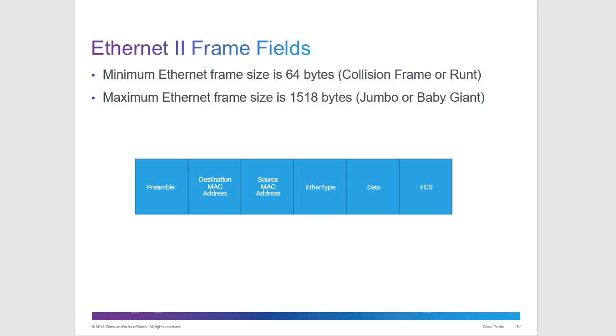Same thing with a jumbo frame or a baby giant. It's too big, your node knows it's too big, so it's going to discard that frame, figuring that something has happened to it along the way from the source to the destination. So know those terms, runt, baby giant, jumbo, and know that if it is below that 64 bytes or above that 1518, the frame is going to be discarded.